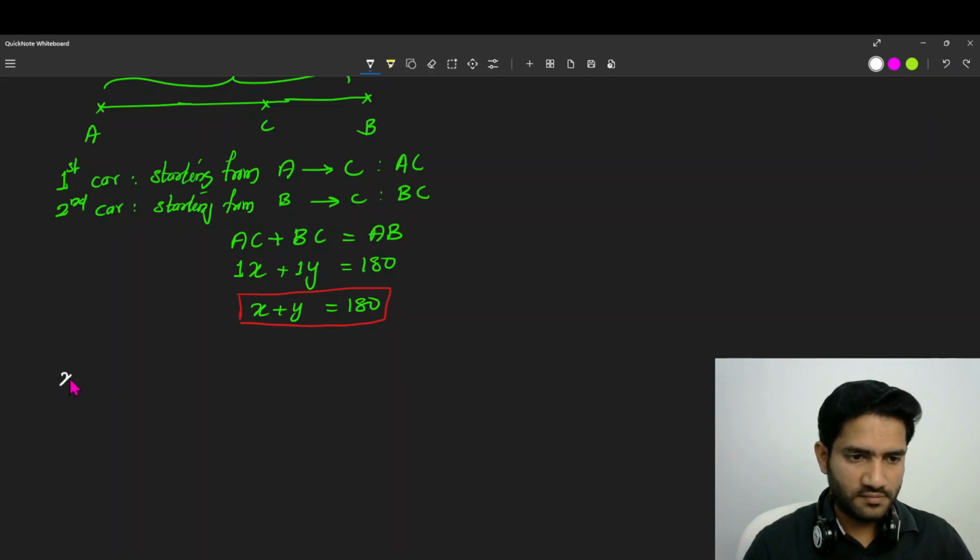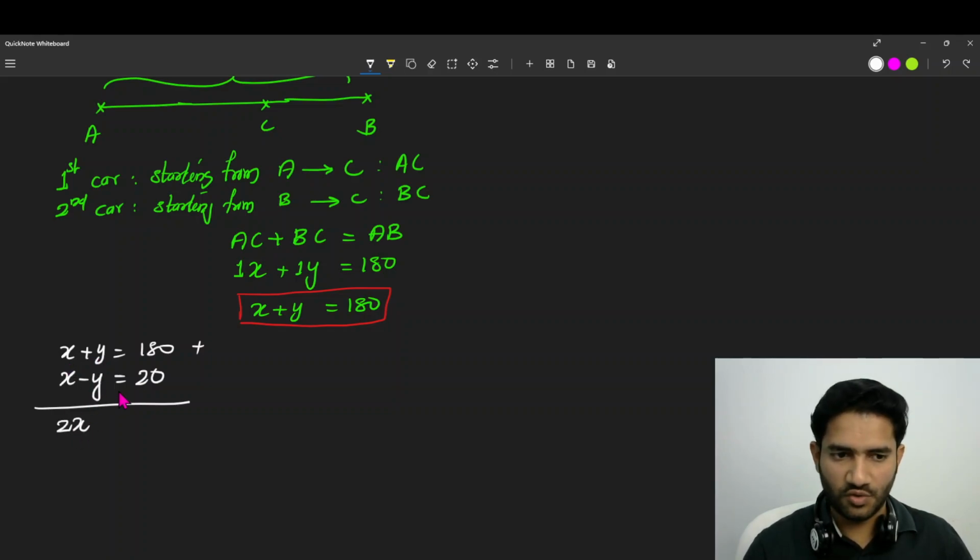So we can consider the equations separately. First one, x minus y equal to 20. You can consider the second one first, it doesn't matter. If we add these two equations, we will get 2x plus y minus y is 0 equal to 200. So x equal to 100.